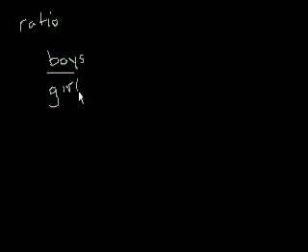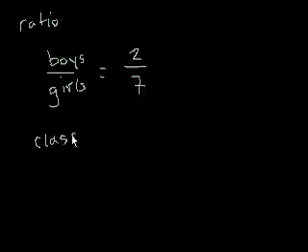Let me give you another example. Let's say the ratio of boys to girls is equal to 2 to 7. And if I were to tell you that the class has 180 kids in it, can we figure out how many boys and girls there are in the class?